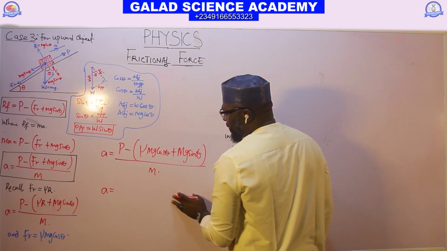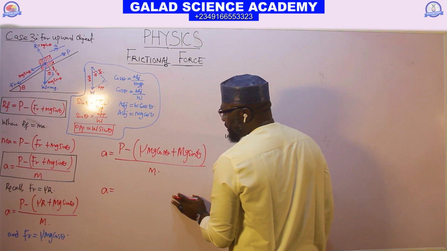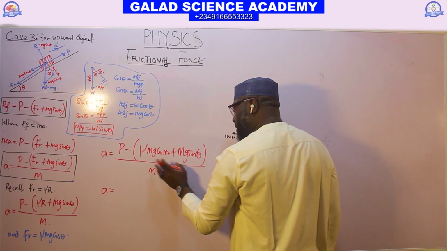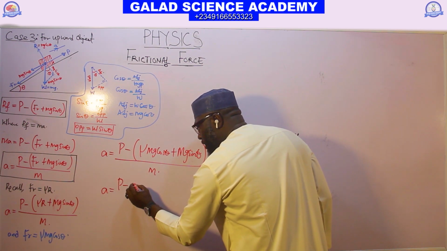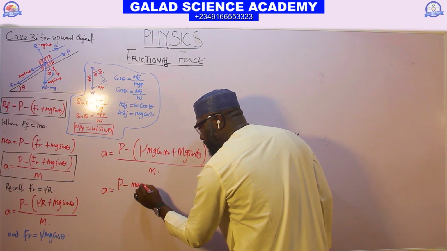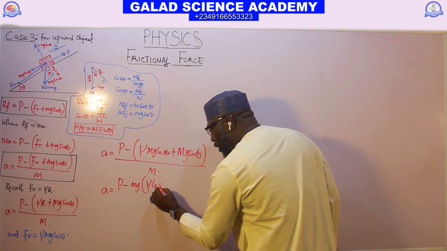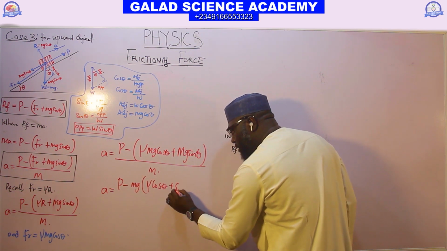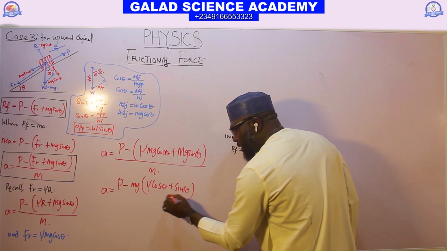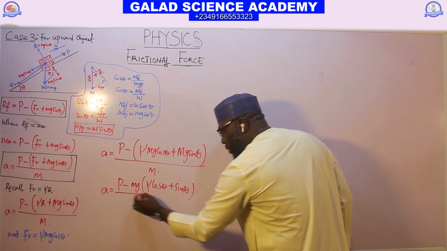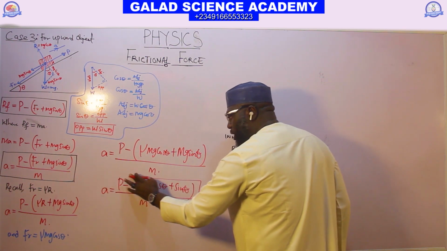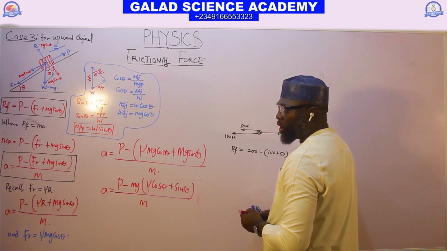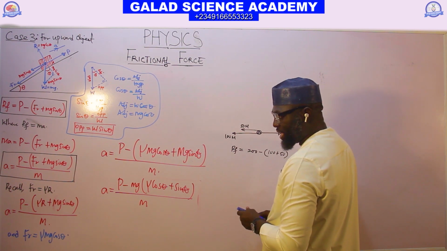Is it okay like that? Yes. We can simplify to have P minus mg, mu cos theta plus sine theta, over mass. This is another way of defining acceleration.